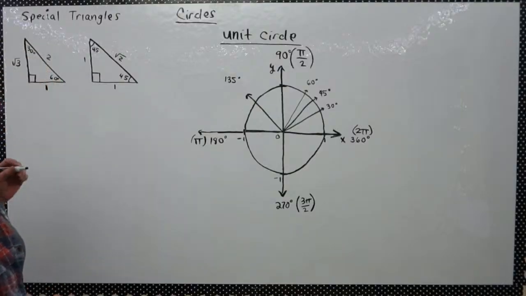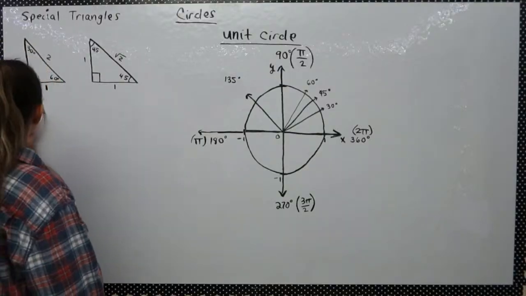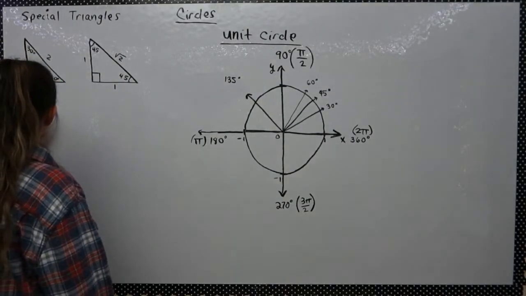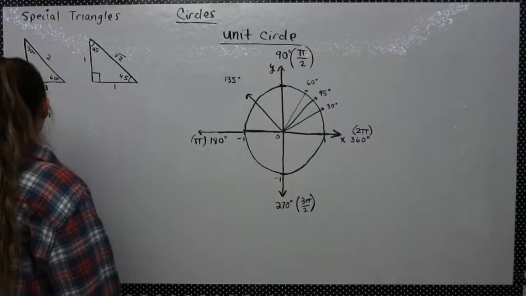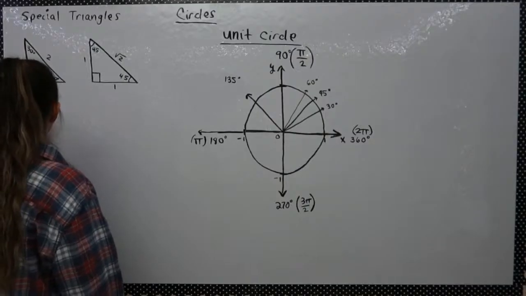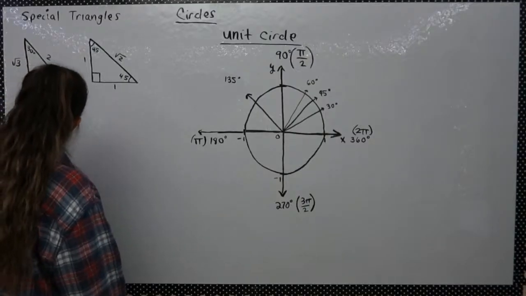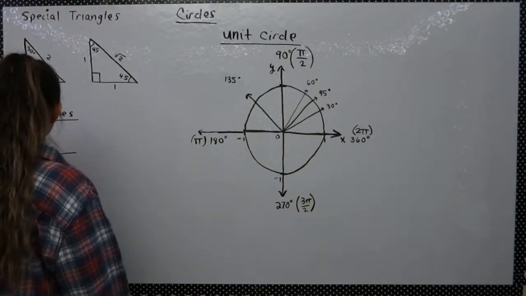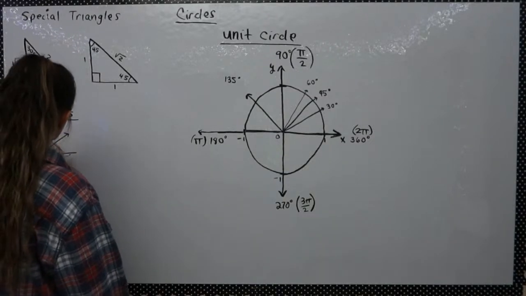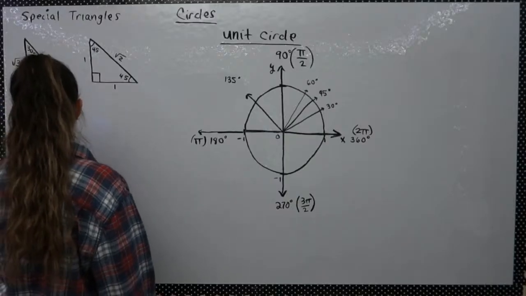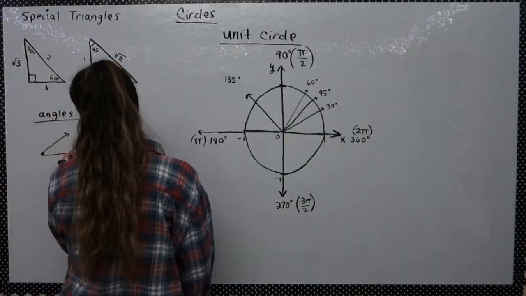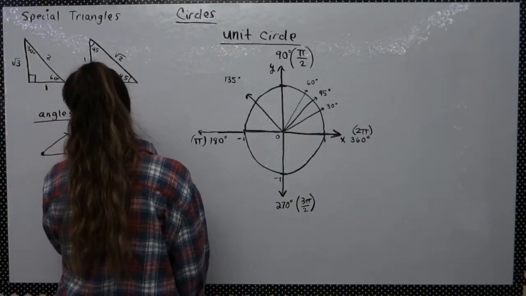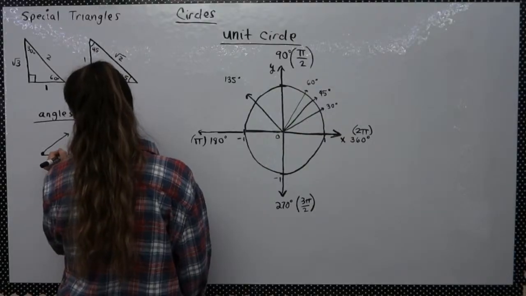Sorry. All right, so angles, or I guess the anatomy of an angle. They have a vertex, initial side, and a terminating side. So the initial side of an angle is where it starts.